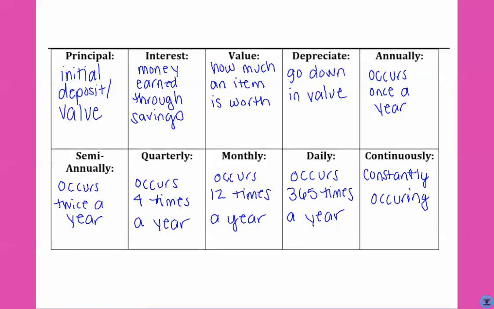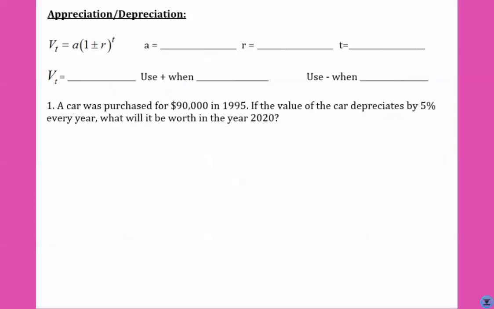All right, so we're going to look at 3 different formulas, and yes, you need to memorize them. The first is our appreciation-depreciation formula. The A stands for the initial value, or initial amount. R is your rate. We need to rewrite it as a decimal. It's going to give us it in percent.